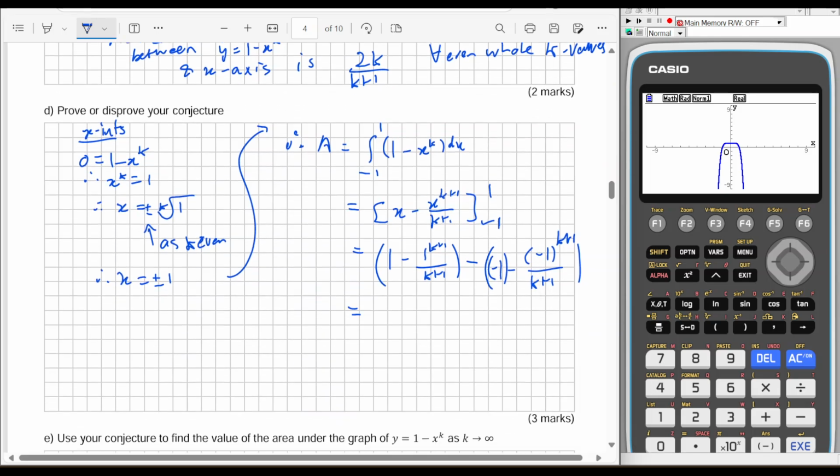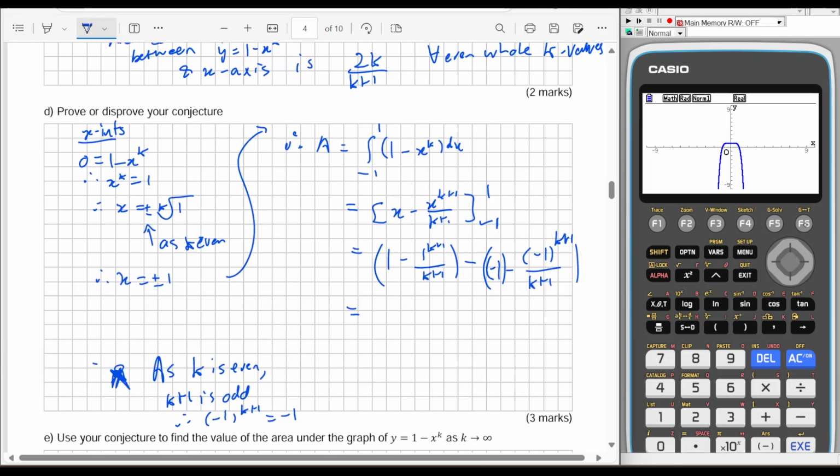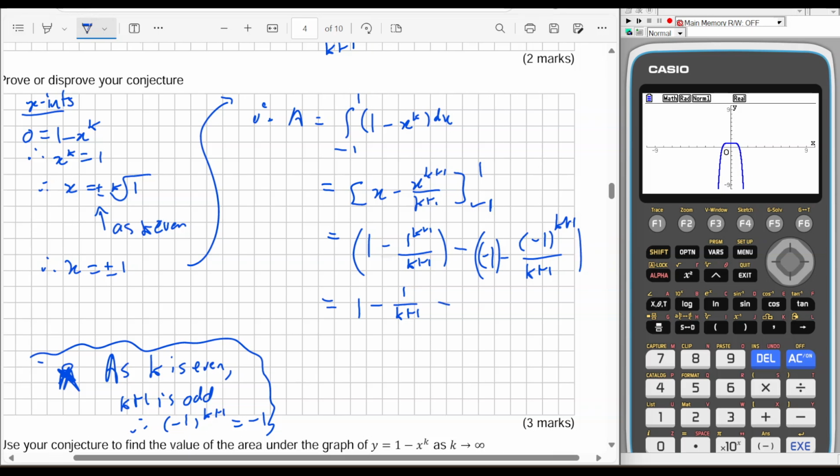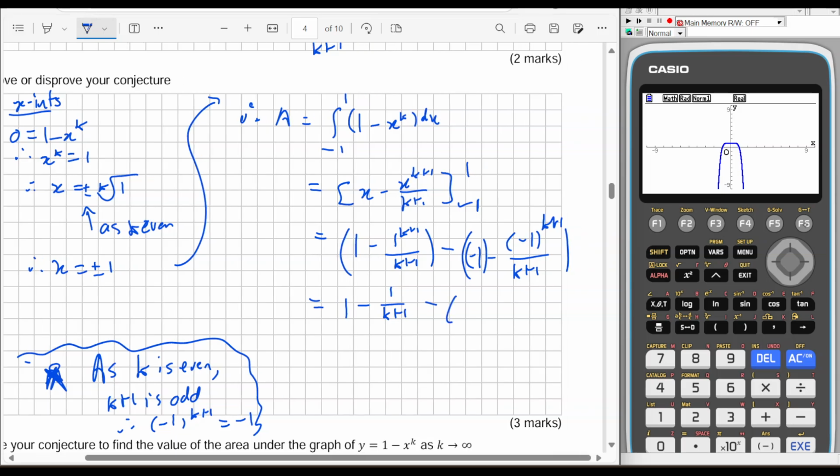Now, as k is even, k plus 1 is odd, therefore minus 1 to the power of k plus 1 is minus 1. So I'm just going to call this thing star. And then we'll use that here. So this is 1 take 1 over k plus 1, take, so this is going to be minus 1, now this top becomes minus 1 from star, so take minus 1 over k plus 1 from star.